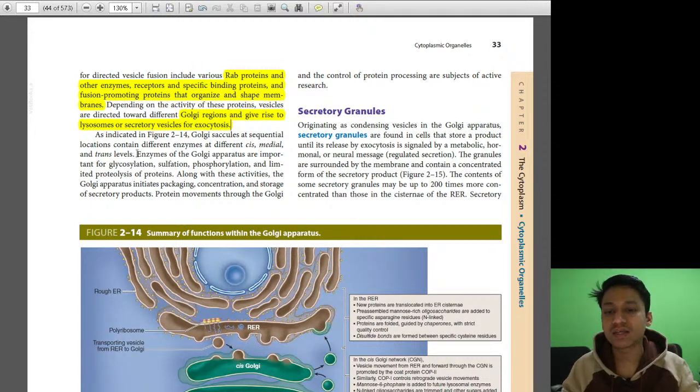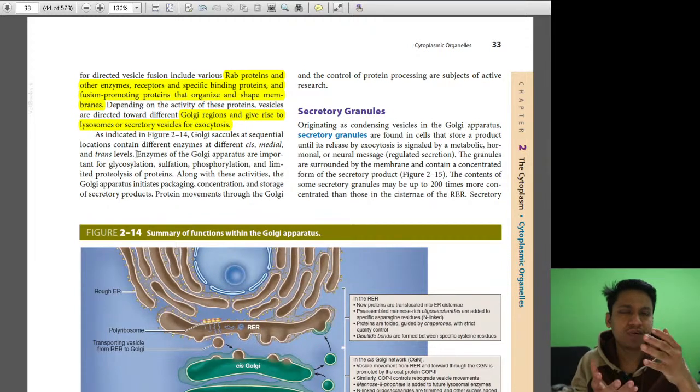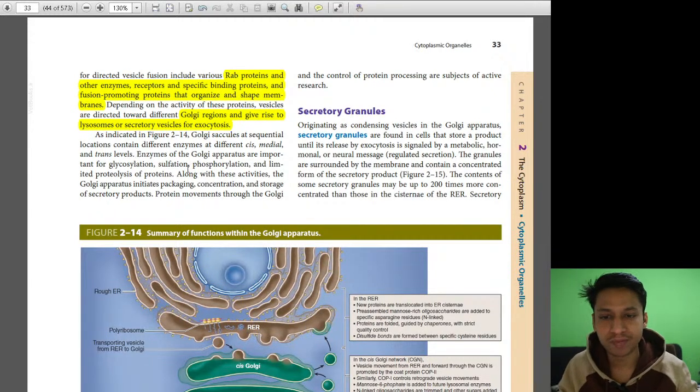These are the works carried out by enzymes which are different on the different locations in the Golgi. So we have different proteins at the cis, at the medial, and the trans region. Along these activities, the Golgi apparatus initiates packing, concentration, and storage of secretory products.